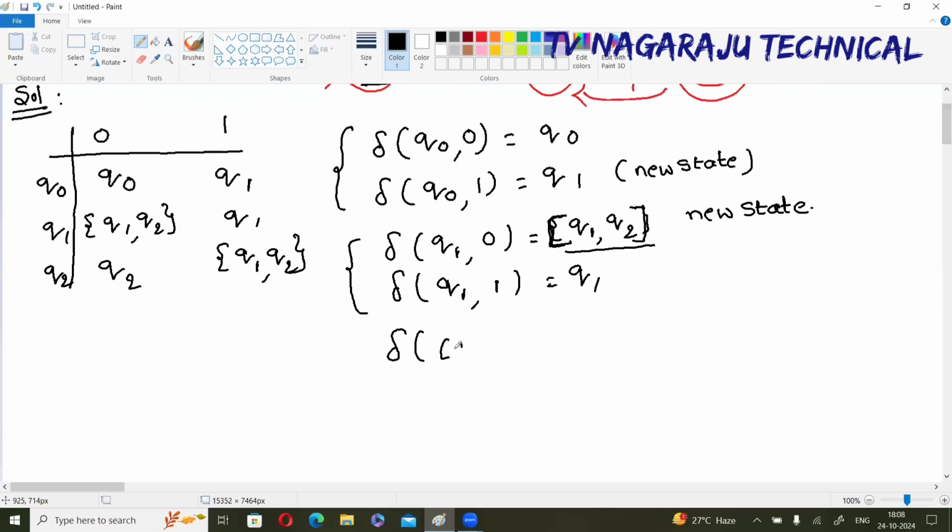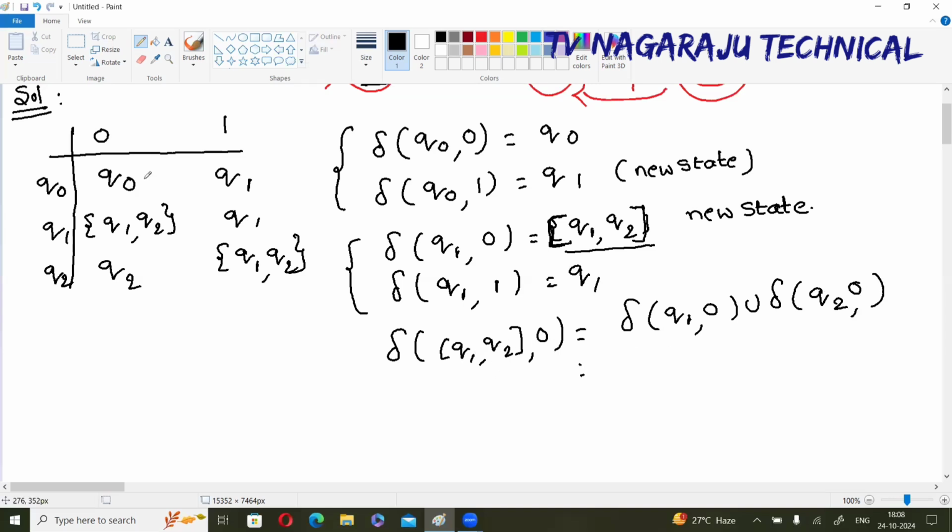Delta of Q1, Q2 on 0. How do you write that one? Delta of Q1 on 0 union delta of Q2 on 0. Simply I am dividing it: Q1 on 0 union Q2 on 0. What is Q1 on 0? Q1, Q2, union Q2 on 0, Q2. What is the final one? Q1, Q2 only.